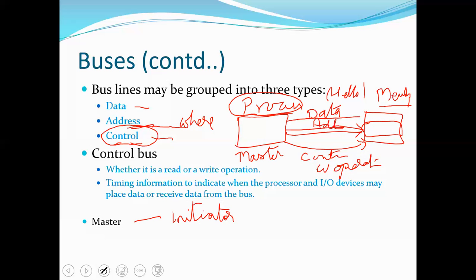And the device on which the work is done is called the slave. The device addressed by the master is called the slave, or the target device with whom the master is communicating. Fine. So the two terms, master and slave. Master is initiating the action.